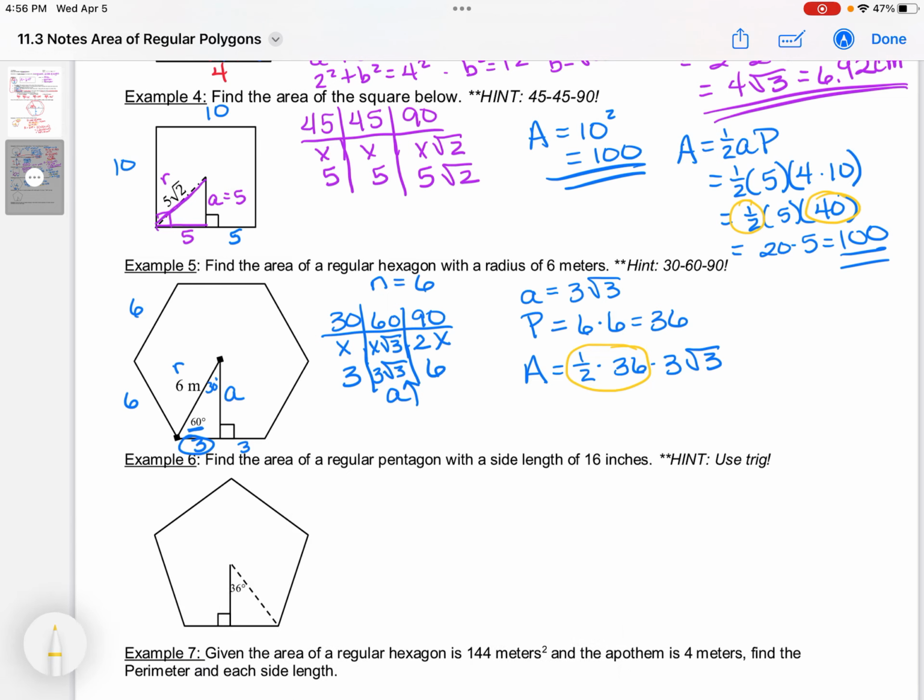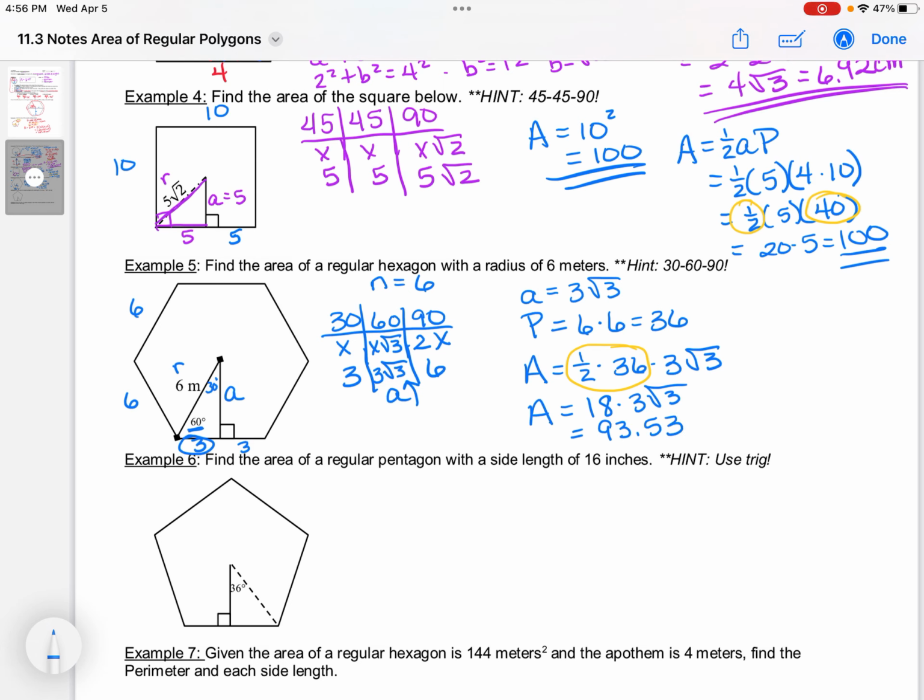So, as I always do, I'm going to take half of 36, which is 18 times 3 times the square root of 3, which is equal to 93.53 square meters.